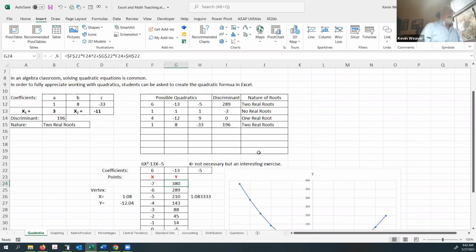Okay. In Excel, cells are referred to by default called relative.